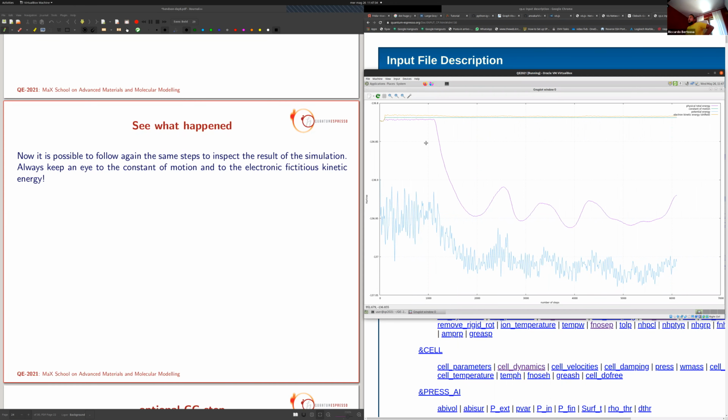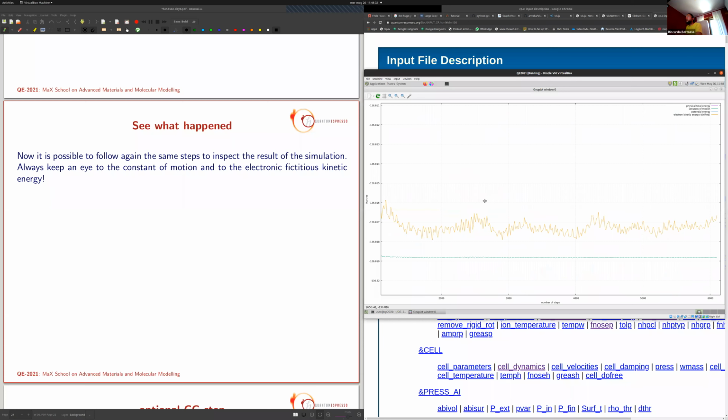You see that it changes because you switched on the thermostat, and more or less after a certain time you see that it starts to oscillate around some values. So it looks like the system wants to equilibrate around this physical total energy. Then you can see that the electronic kinetic energy went a little bit down.